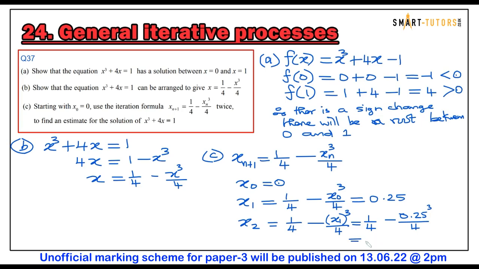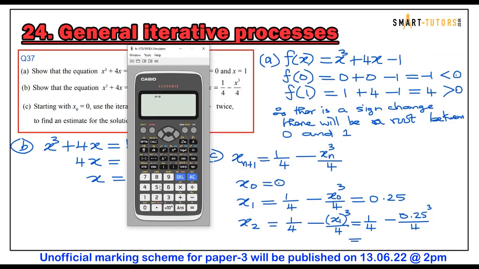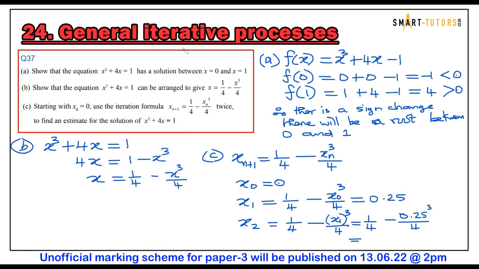You can press the calculator to get the answer. They ask you to do it twice, so I put it exactly how I write it: 1/4 minus 0.25 cubed over 4, and that answer is 0.24609.